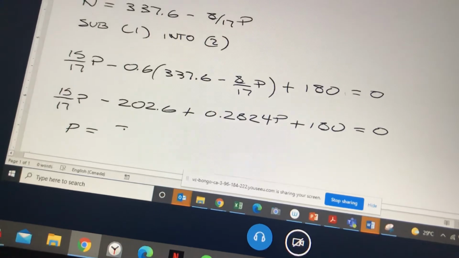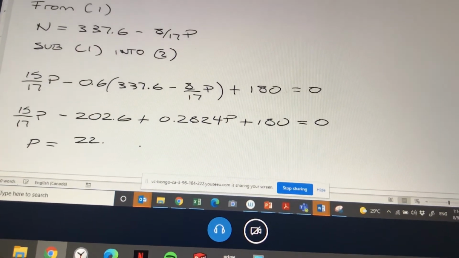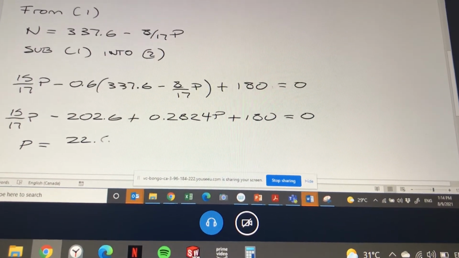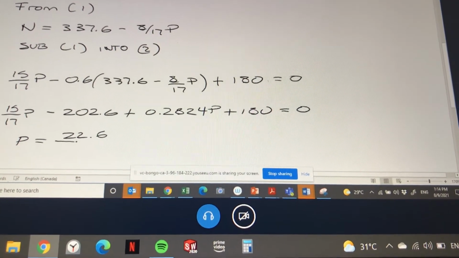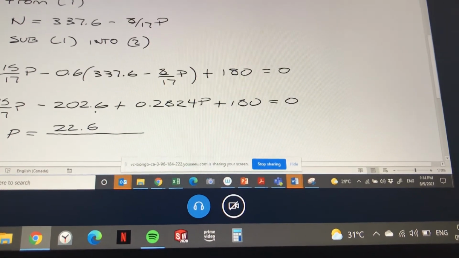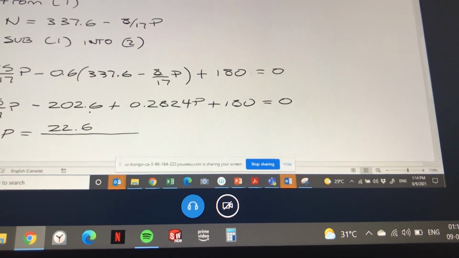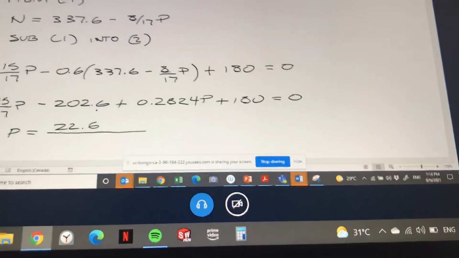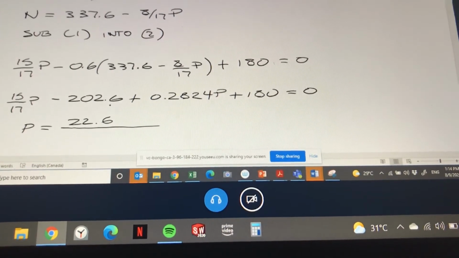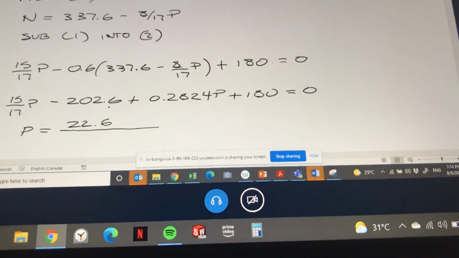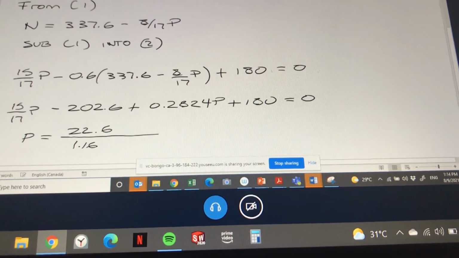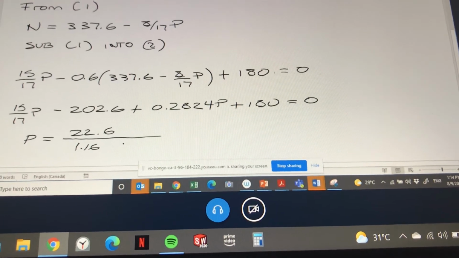Then basically 15 divided by 17 plus 0.2824, it's actually 116.4.